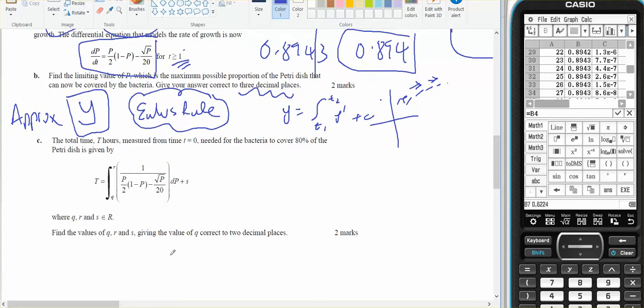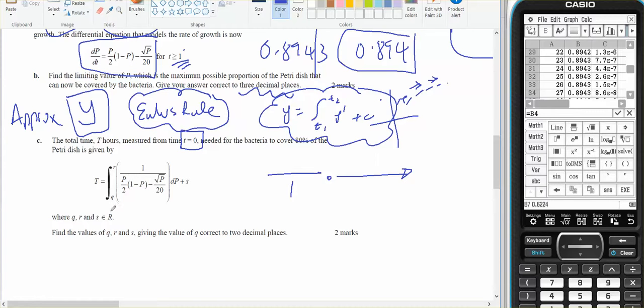In part C, the total time measured from time 0. So I've got the first 1 hour, and then after that I have other things happen. So this is using this approximation, the total time taken.